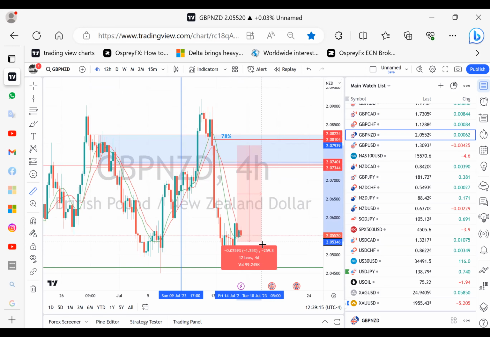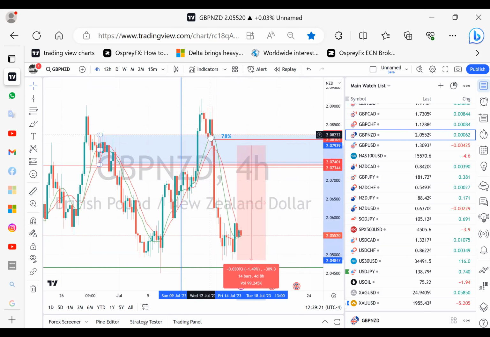I mean, this thing came down 300 pips after the bearish 4-hour order block, a 300 pip drop. Now you can see the chalk forming where it's going to pull back, and you can fib this move.